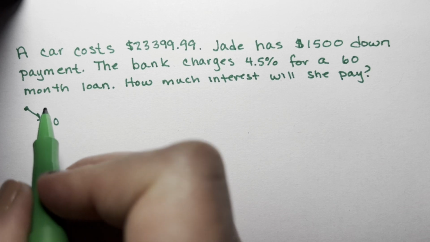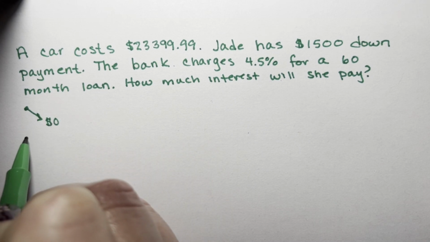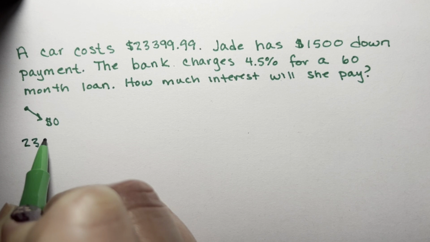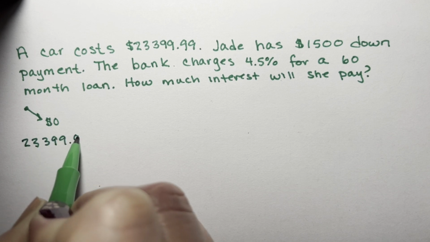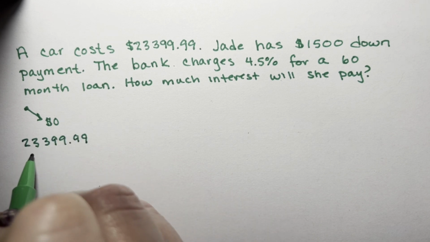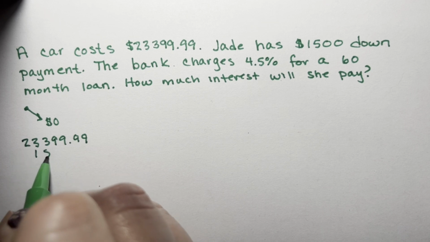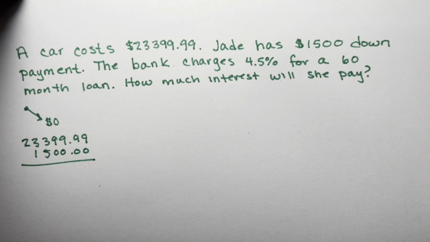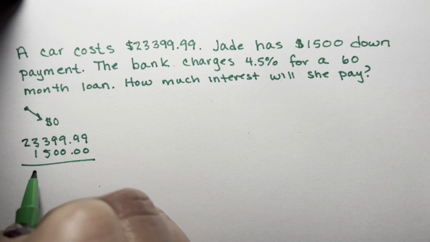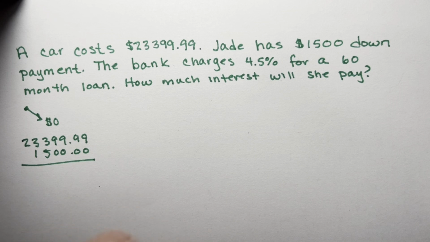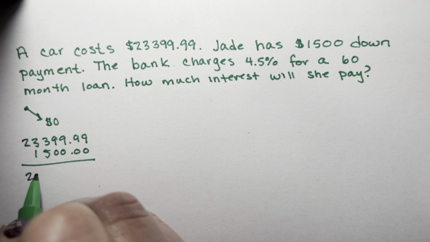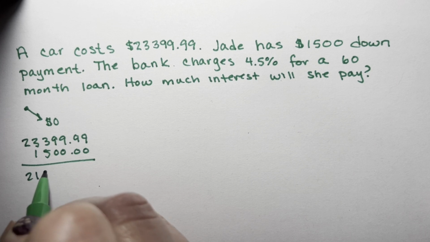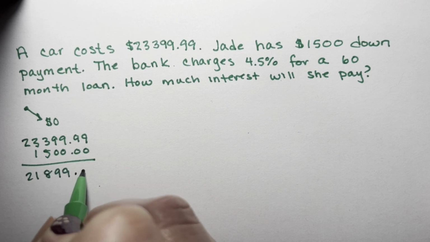The first thing we need to do is take that $23,399.99 and subtract off the down payment, the $1,500. When you pay a down payment, often you get a lower APR. So what Jade actually pays in a loan, what she needs as a loan, is $21,899.99.